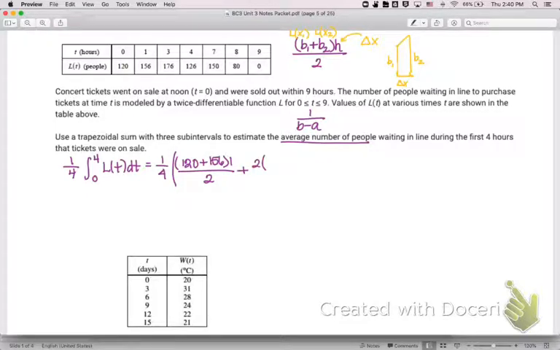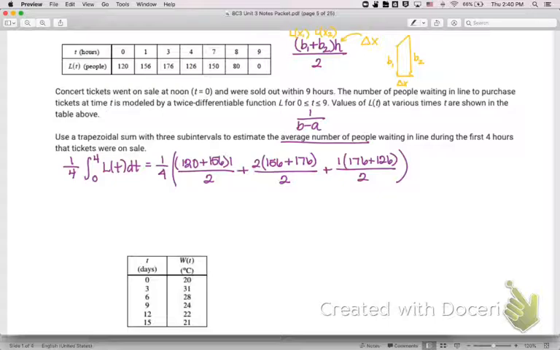Our bases are 156 plus 176 divided by 2. And then from 3 to 4 is again just a width of 1, but that's 176 to 126. And we're going to divide that by 2. And so we want to work that out, and that is going to give us the value of our integral, and then we need to multiply that by 1/4.